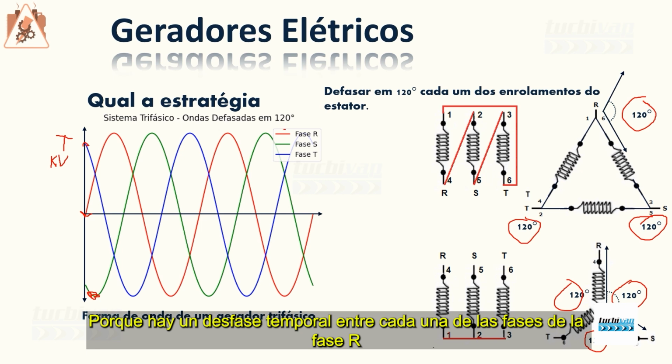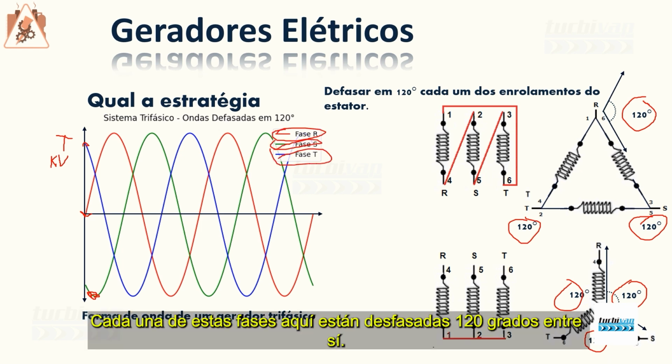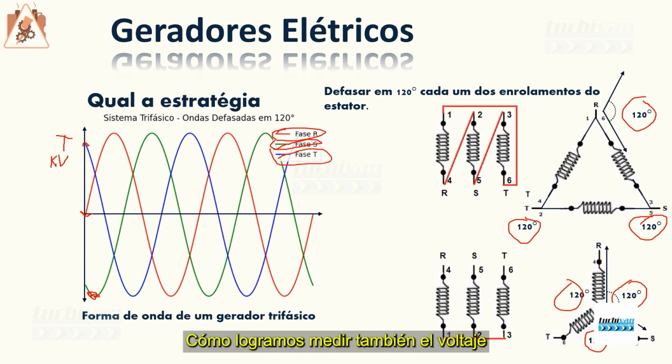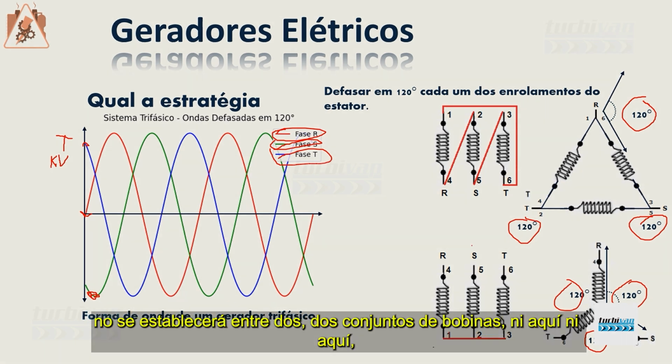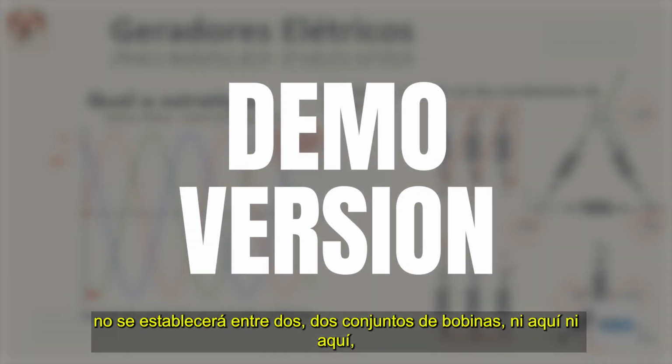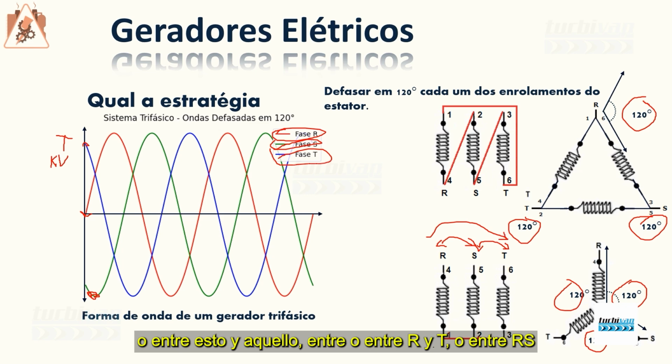We already saw in the other class the effective value of a voltage, but now, how is the voltage measurement? We know, as we have already seen, that the difference in potential will be established between two coil sets, either between R and S, or between R and T, or between S and T. Otherwise I won't be able to tell you the voltage value that I am generating when I place the test lead of my voltage meter, my TP.